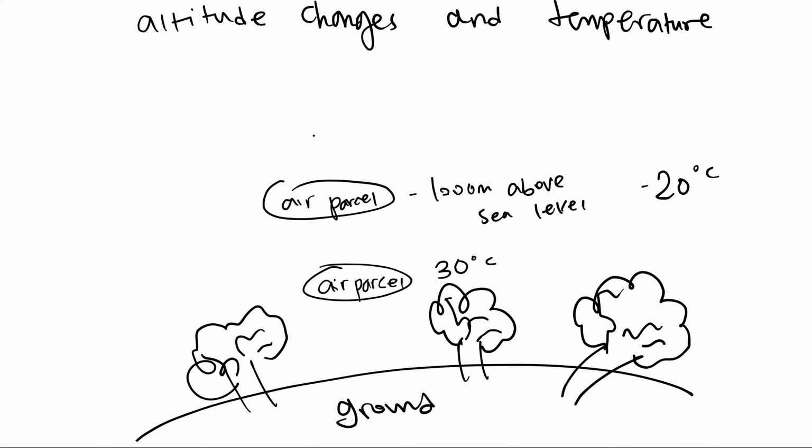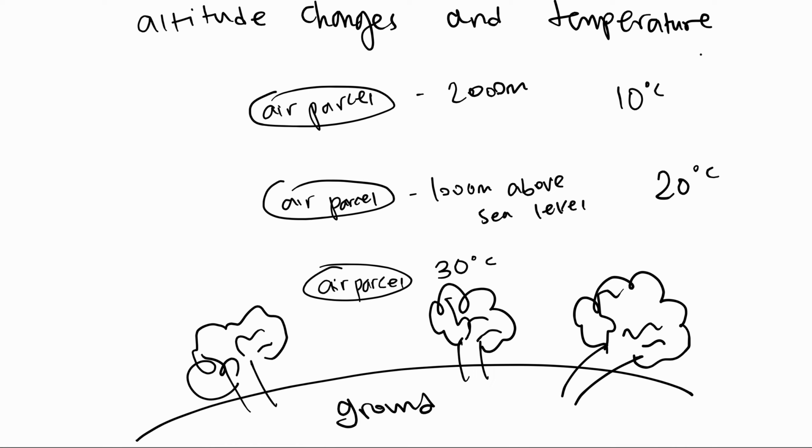Everest is like 5,000, I think. And we go a bit higher. We're going to have our air parcel again. It's going to be 2,000 meters above sea level. And here it's going to be roughly, by the way, this isn't minus, this is just 10 degrees Celsius. When we go way up, we can have mountains at like 3,000, right? It's going to be even cooler.